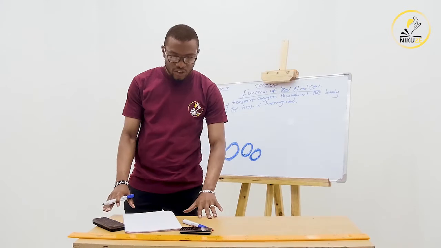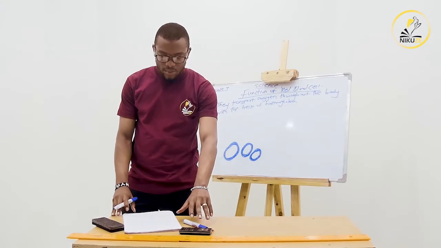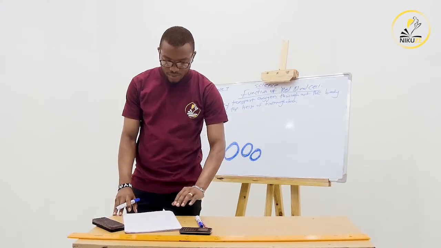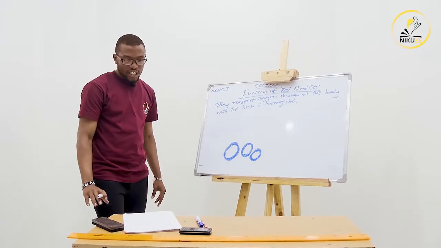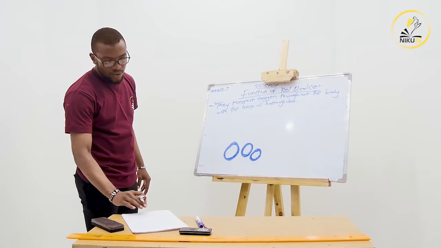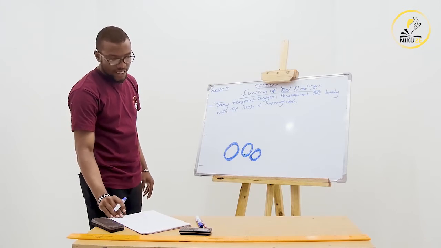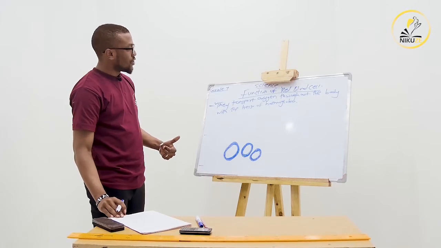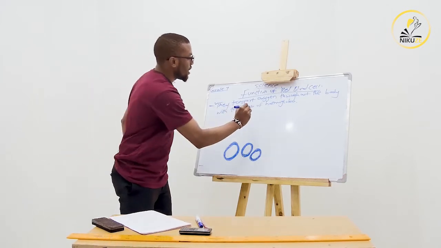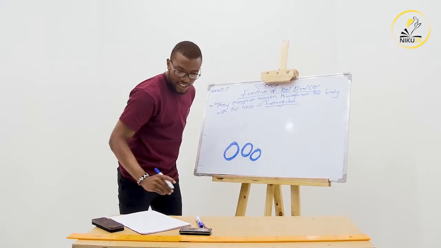That is function number one of the red blood cell. Actually, that is the main function. It's just to transport oxygen throughout the body with the help of the hemoglobin, which I said is the red pigment.